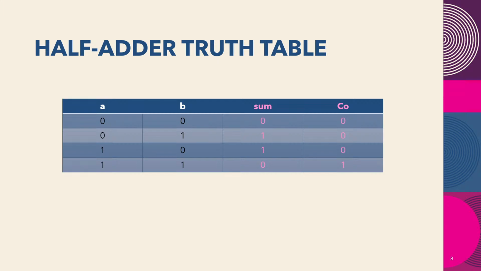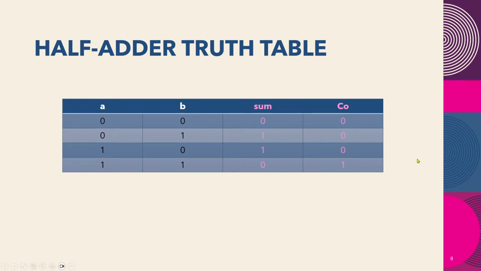And the outputs would be the exclusive OR will give you the sum, and the AND gate will give you the carryout for that operation for a 1-bit half adder. And I think that's pretty cool when you see that and realize how that is done.